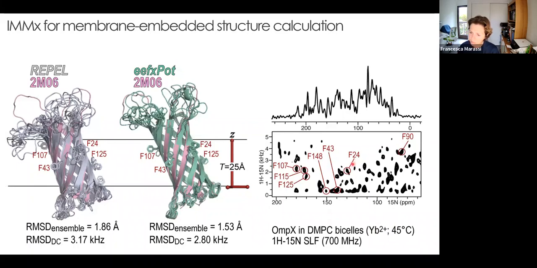So a number of signals have been assigned by producing phenylalanine labeled protein. And so the effect of EF is that it basically embeds the protein in the membrane in such an orientation that if we back calculate the dipolar couplings and chemical shifts, by the way, chemical shift anisotropy here, from the orientation that results from EF, they correlate with the experimental data.